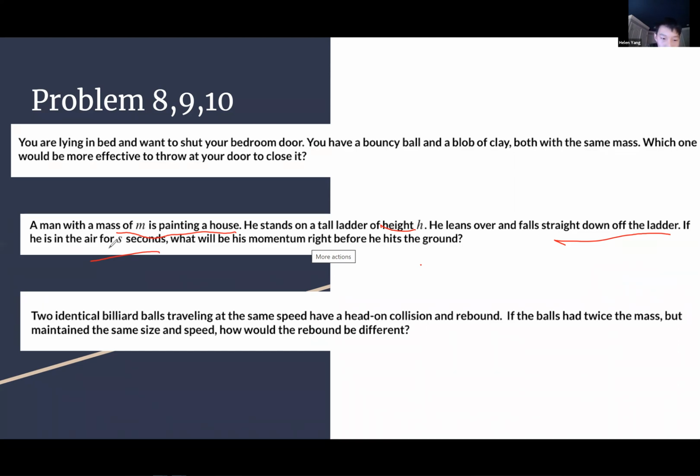And since you're giving us seconds, he's in the air for S seconds, you can use the impulse momentum theorem. So it's P final minus P initial.